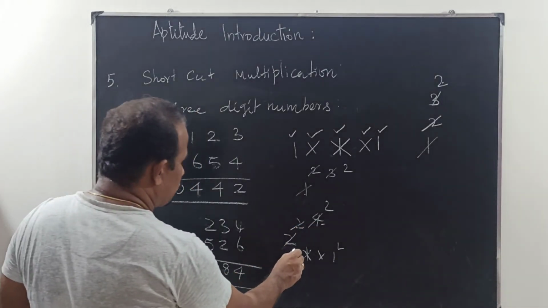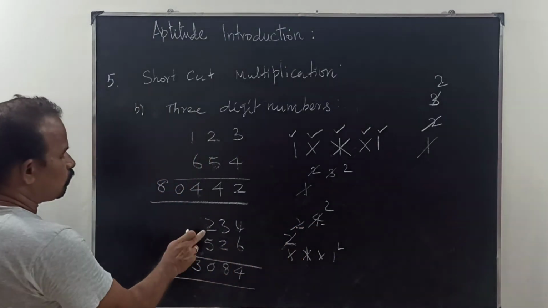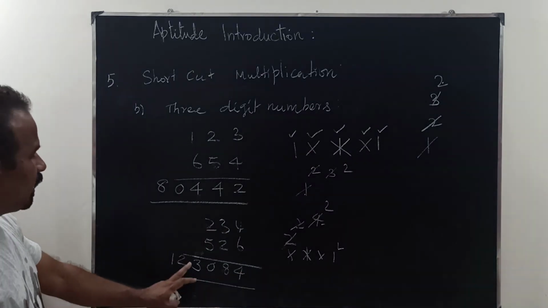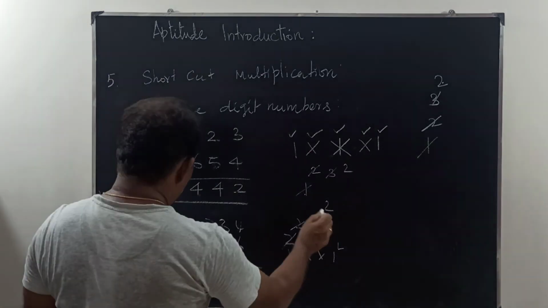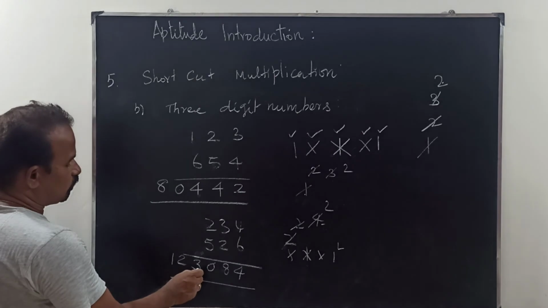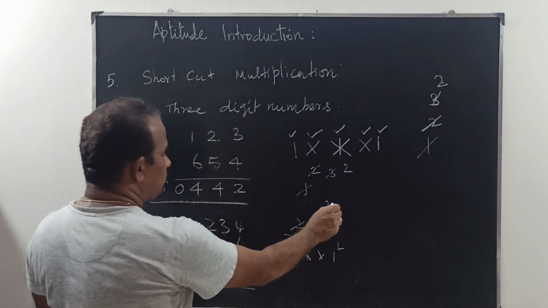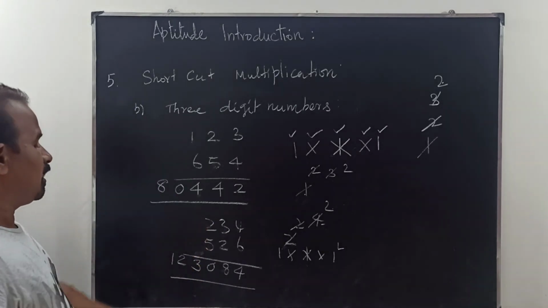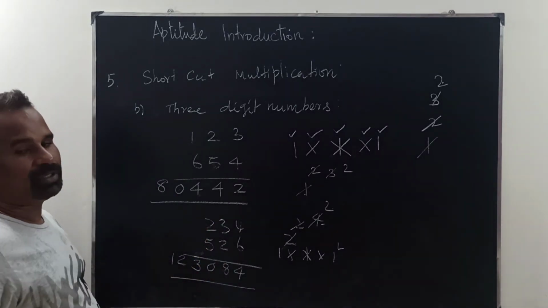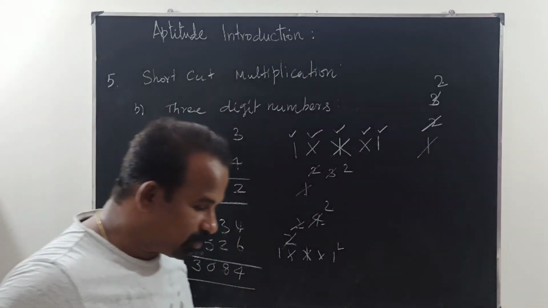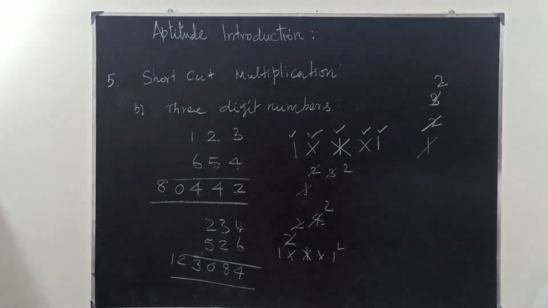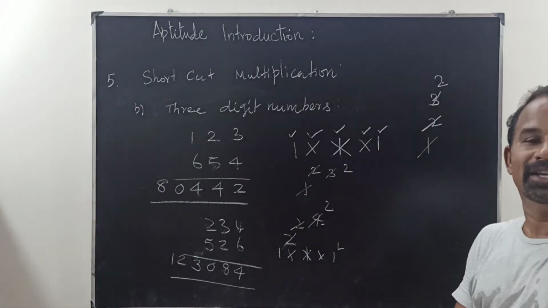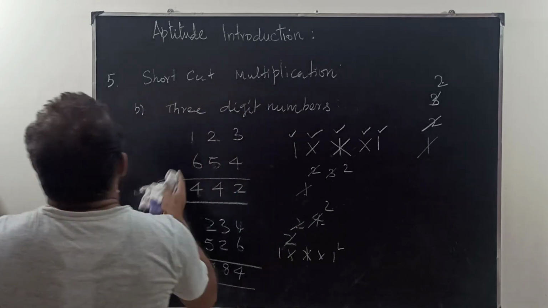The 3 things are over. Next come to these 2, 4 plus 15 is 19, 19 plus 4 is 23, so remaining 2. So this is also over. The last one is 10, 10 plus 2 is 12. So this is the shortcut multiplication of any 2 3-digit numbers.